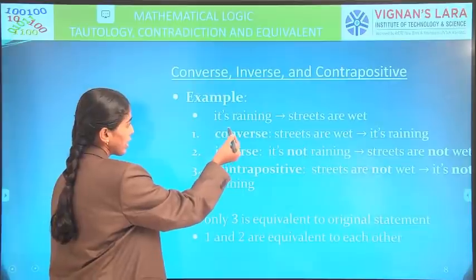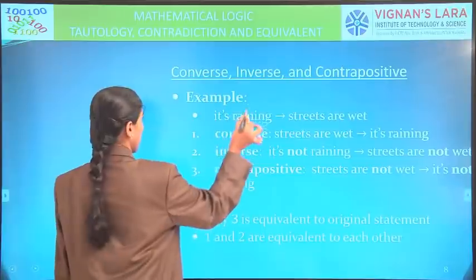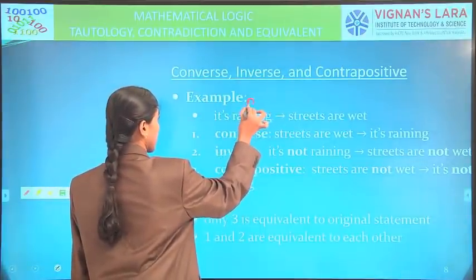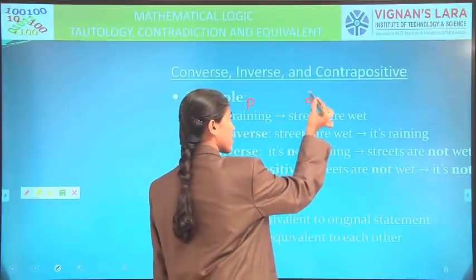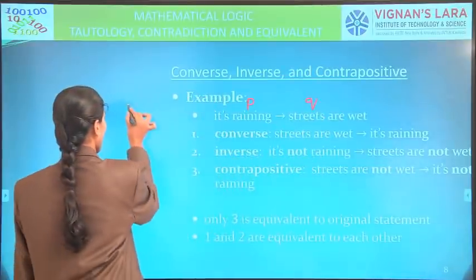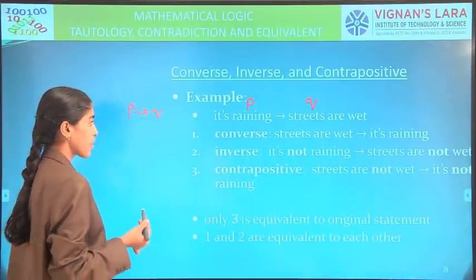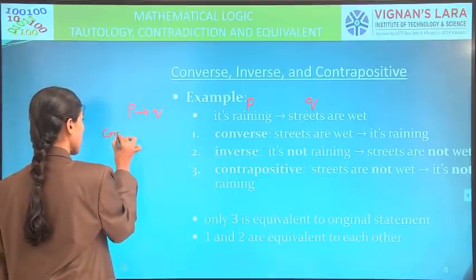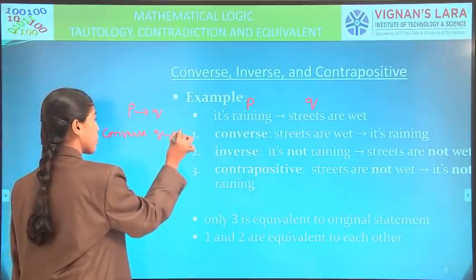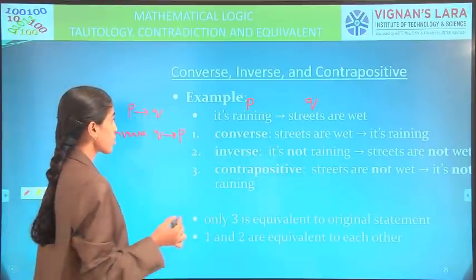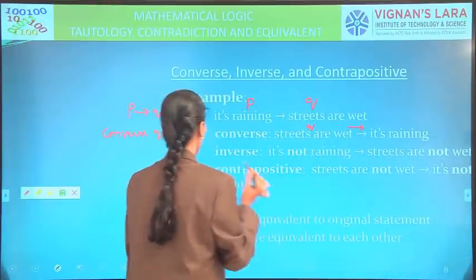So see here, example: it is raining, take it as some proposition P. Streets are wet, consider it as Q. Now our statement is P conditional Q. What is the converse? Converse is Q conditional P. What is Q here? Streets are wet, conditional, what is P?